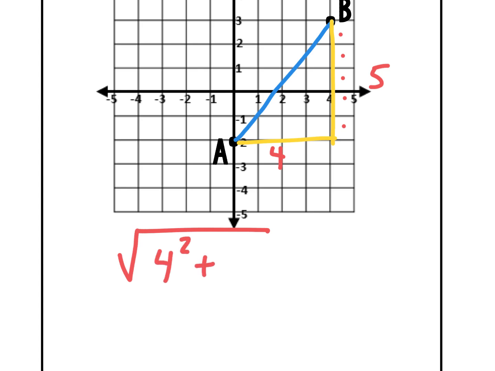So 4 squared plus 5 squared, and then plug it in, and you're done. Okay. So when you plug it in, what do you get? 6.4. Okay.